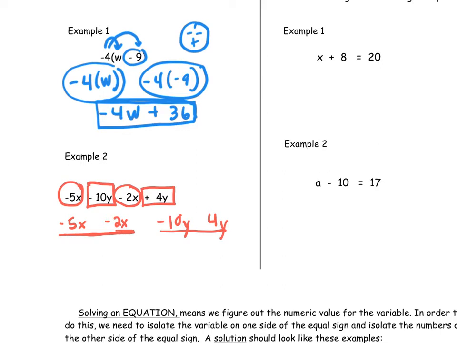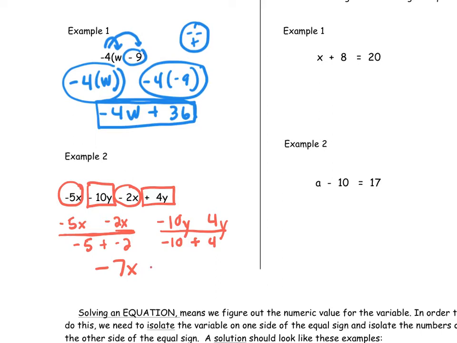When we work with combining them, we're using the coefficient, the numbers in front of the x's, and combine means we're adding. So I'm adding a -5 and a -2, and this together will become -7x. For the second pair, I'm using the coefficient of 10. The coefficient is a number in front of the variable, and since I'm combining, I'm going to add positive 4. -10 plus positive 4 is -6.